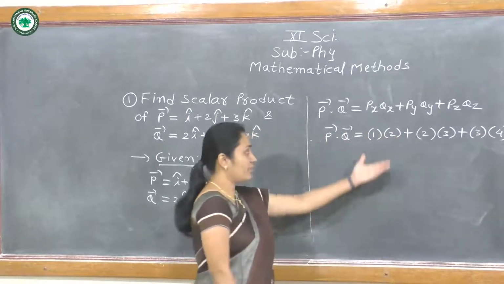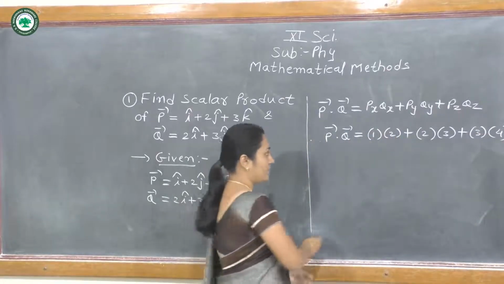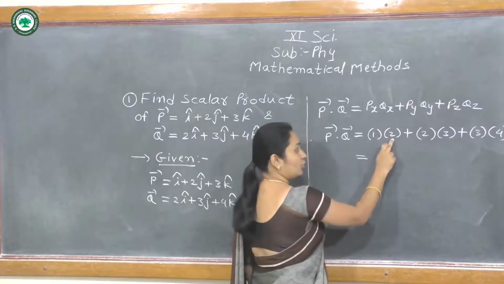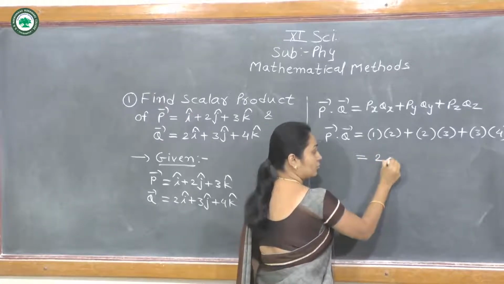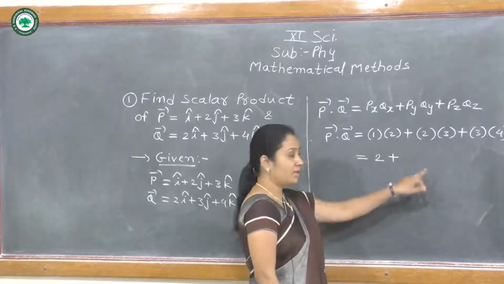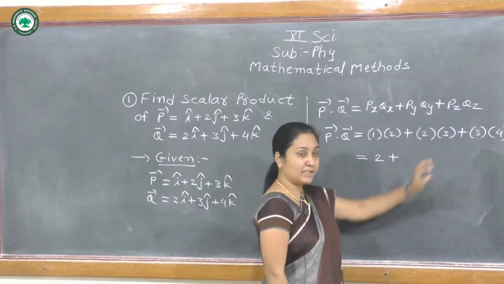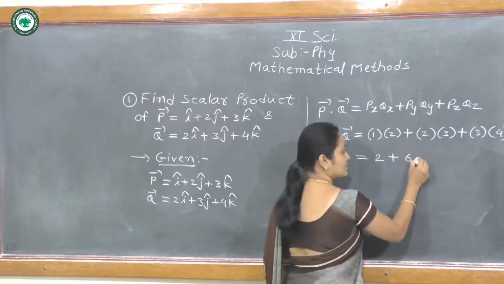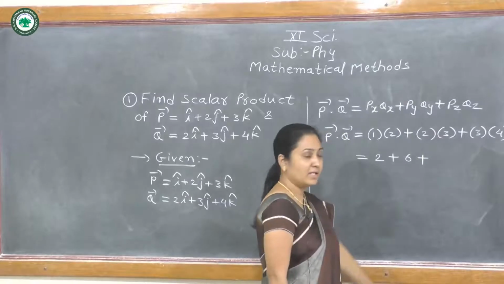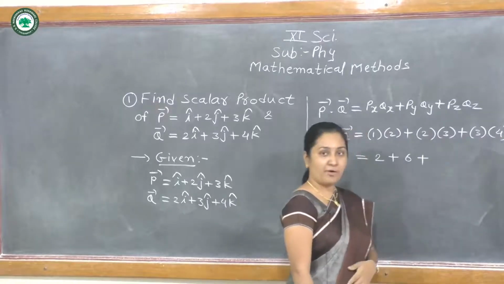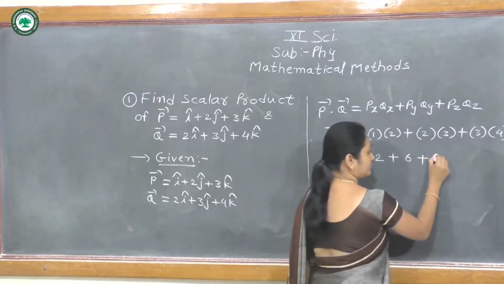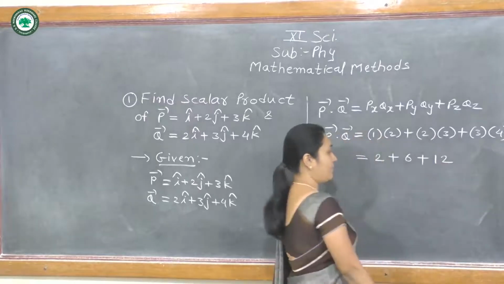So now we have to solve this, which is equal to 2 into 1, 2, plus 2 multiplied by 3, 6, plus 3 multiplied by 4, 12.